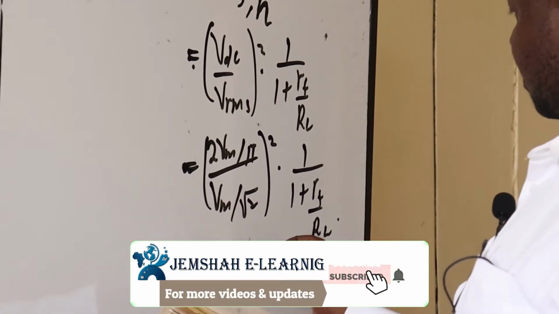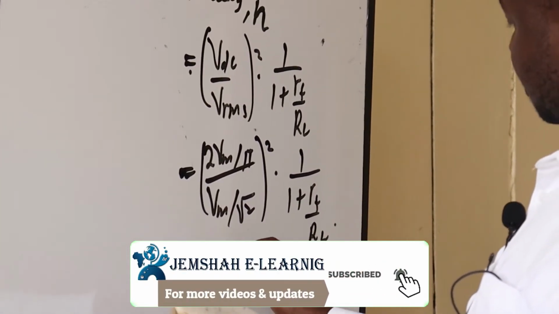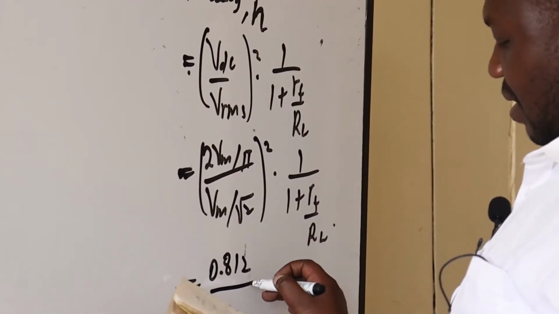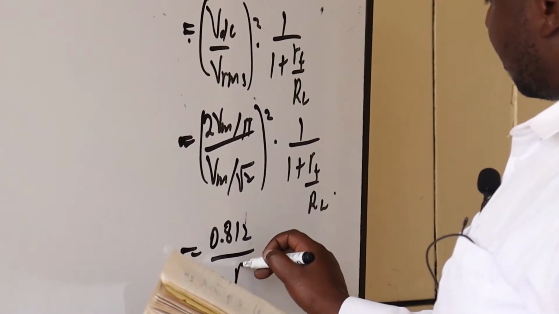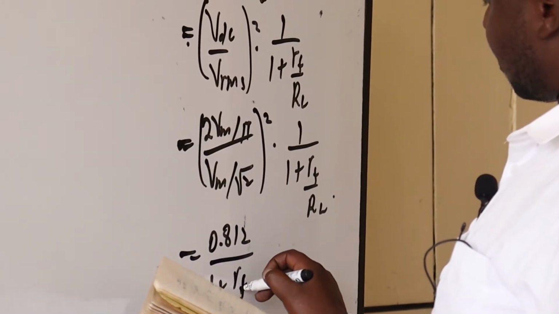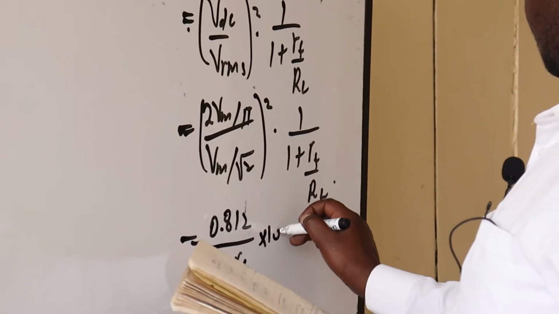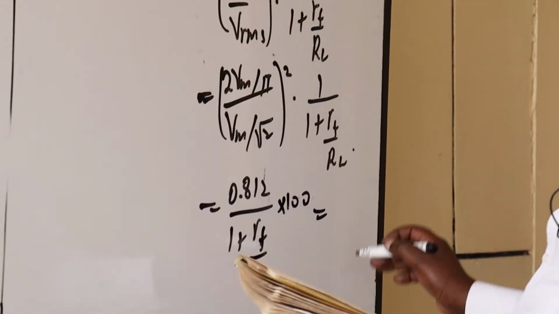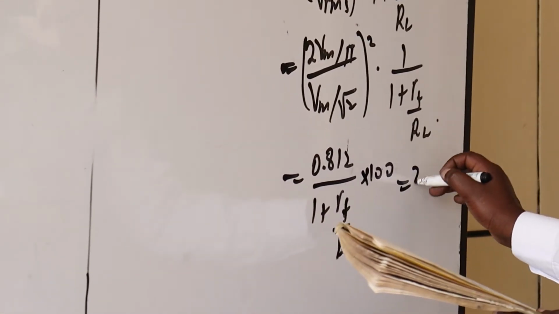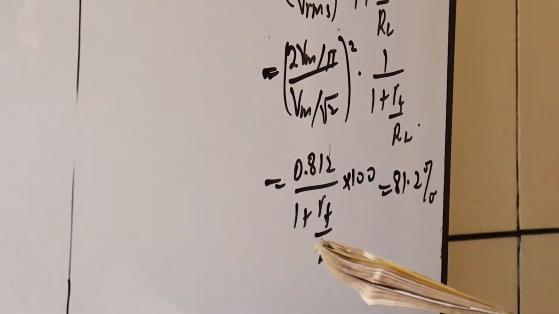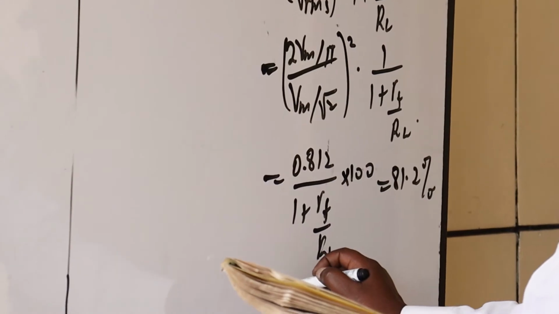This gives us 0.812 all over 1 plus RF all over RL times 100, which is 81.2%.